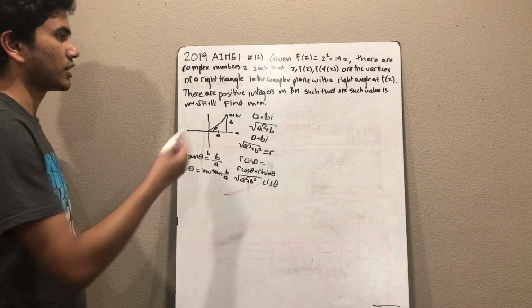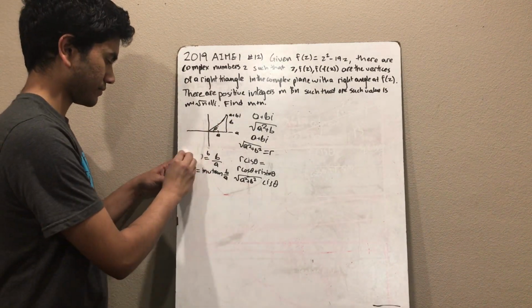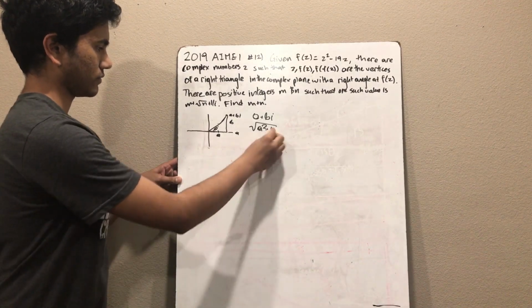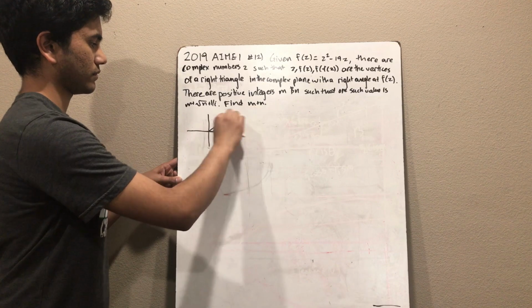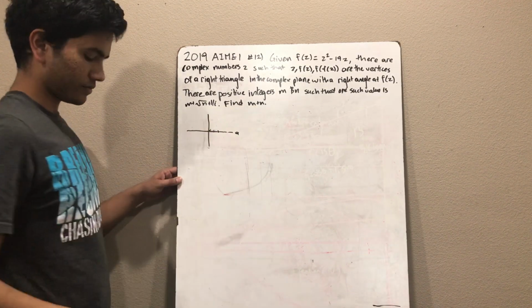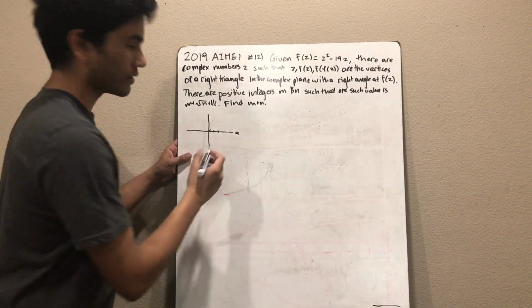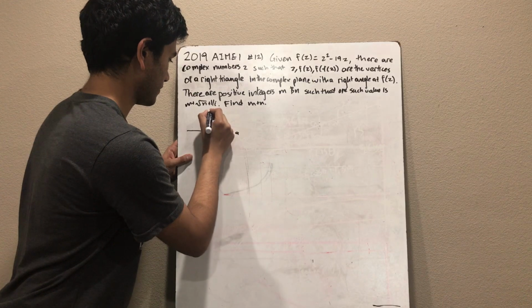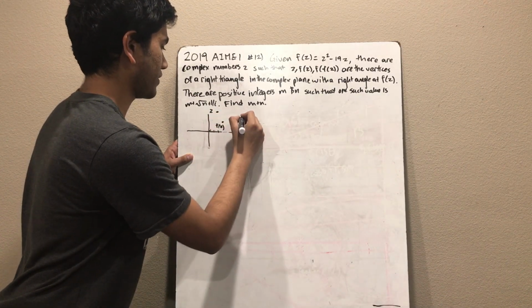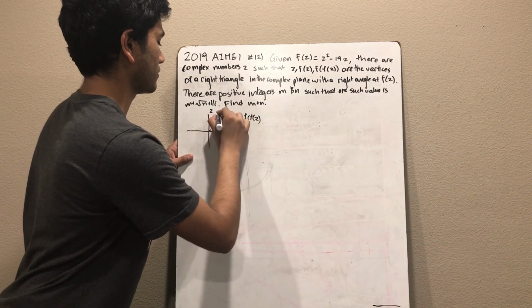So now let's try playing around with the numbers that they gave us. Let's just find the three points: z, f of z, and z squared.